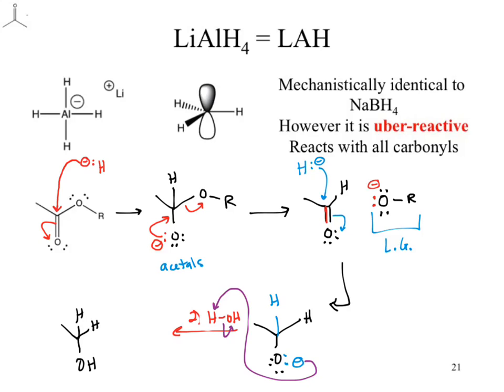How many times can a single lithium aluminum hydride react? Why 4 times? There are 4 hydrogens attached to it. In the course of the reaction, those bonds are replaced by our leaving group. So a single molecule of lithium aluminum hydride can fully reduce a single molecule of ester.